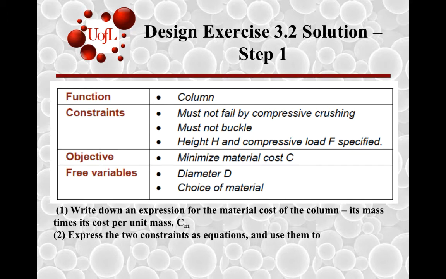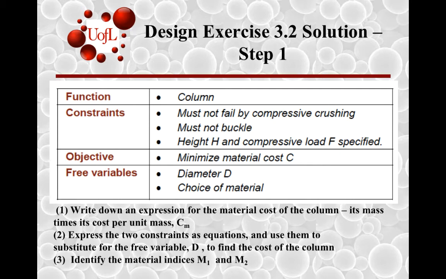Then for the compressive crushing strength, you have an equation, and then for the Euler's buckling strength, you have another constraint. If you use that to substitute and eliminate the free variable d, you can derive the cost of the column.